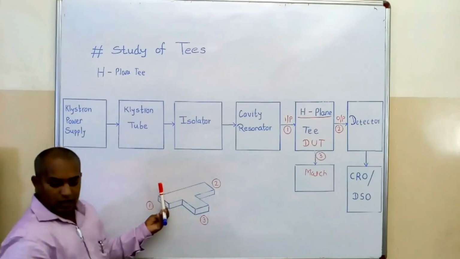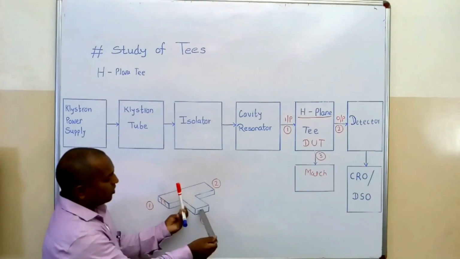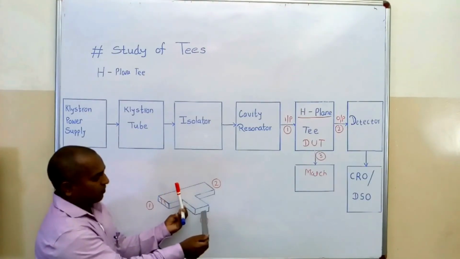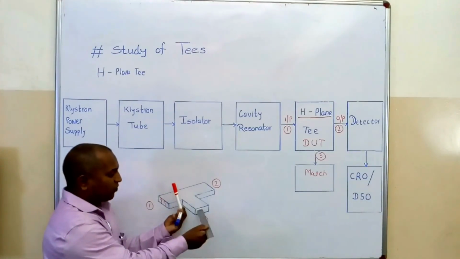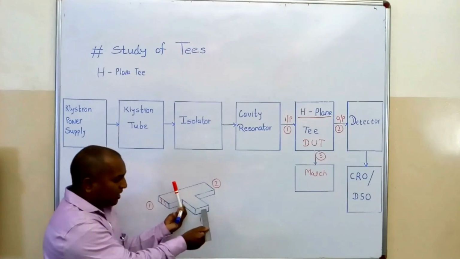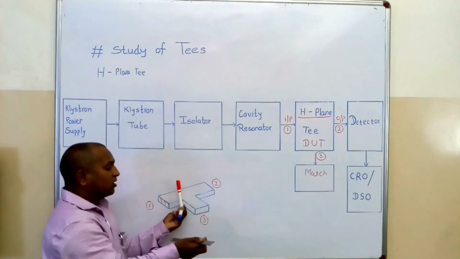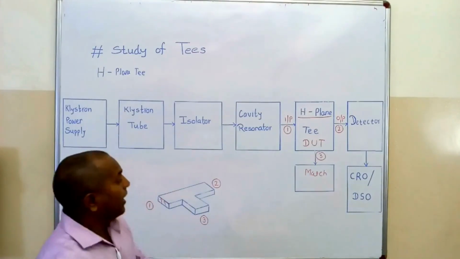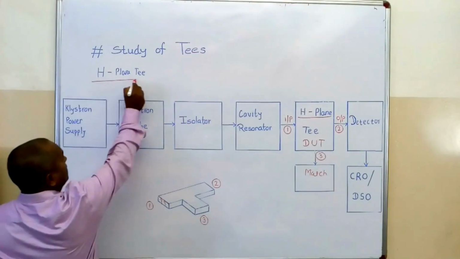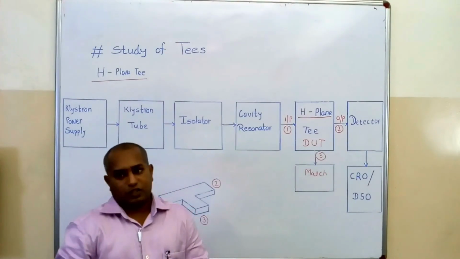So look here, the axis of the side arm is parallel to the magnetic field. Once again I repeat, my scale is the axis of the side arm, and this side arm is parallel to my magnetic field. That's why this plane T is known as an H plane T.